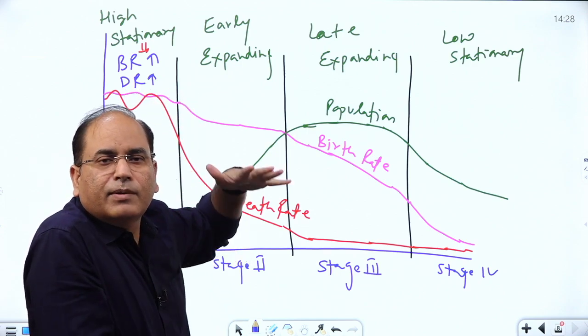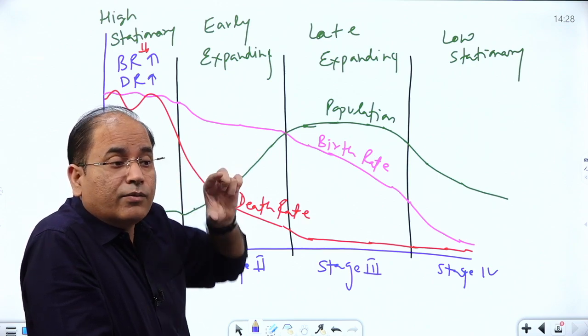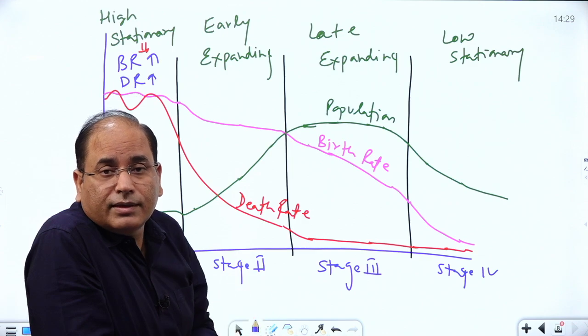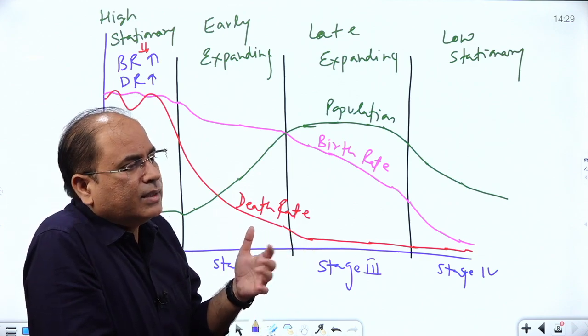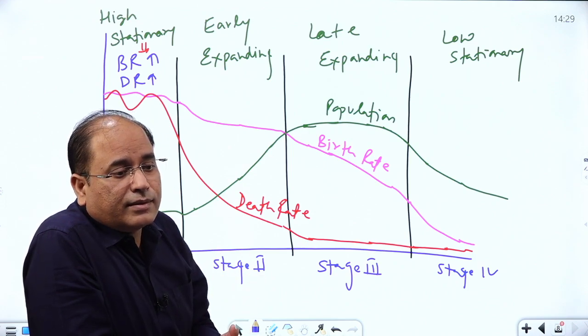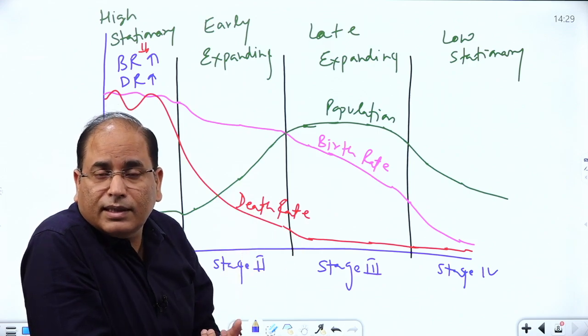Both of these were between 40 to 50 per thousand, 46, 47. Then the death rate is also around 40 to 44. And the life expectancy was hardly more than 39 years.